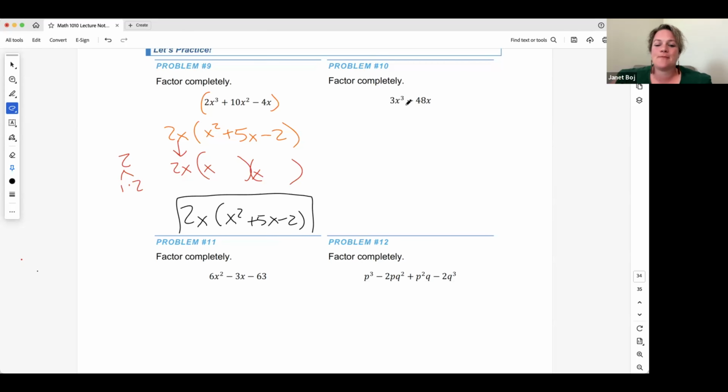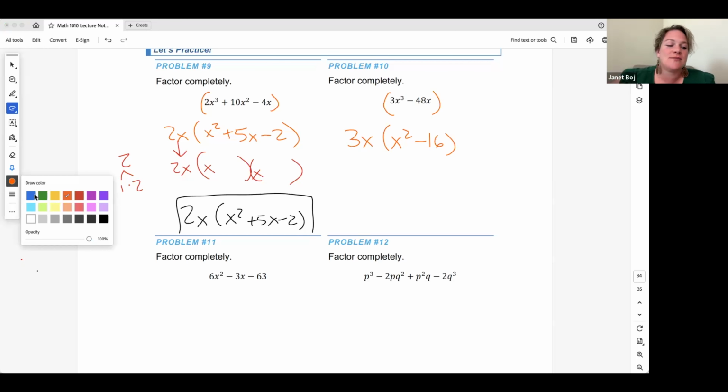Let's look at number 10. Is there something I can factor out? Yes, don't forget, no matter how many terms you have, factor out the GCF. I can take out a 3 and an x, and I'm left with x squared minus 16. Then I count the number of terms, 2. When I have 2 terms, I use a special pattern.